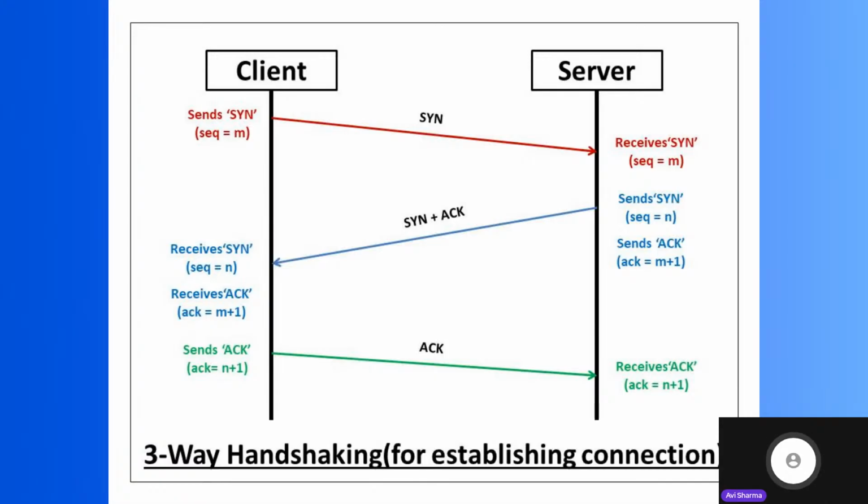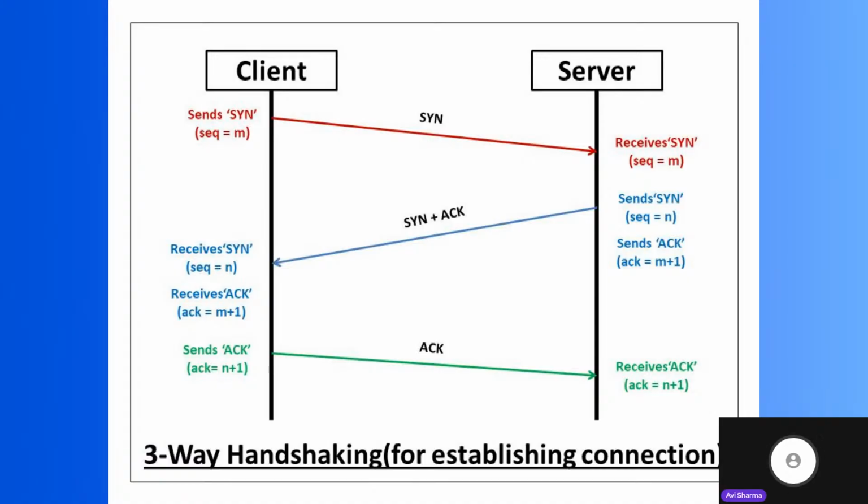So a three-way handshake happens in the way that we are seeing on the screen. There is a client and there is a server. Server is the device that you're connecting to, and the client is you. Let us assume you want to connect to a server, let's say Google server. First, you send a SYN request. Google receives your SYN request, then it sends you a SYN ACK request.